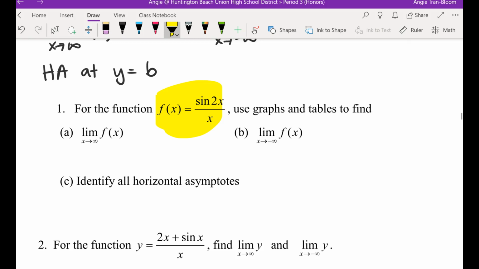Y equals, y equals. Clear that out. Okay. Once you do from -10 to 10, can you hit zoom fit to see if it gives you a nice graph? Is it oscillating? Whoa, what does that look like? Let me see the equation. Okay, is it oscillating? Yeah. Perfect. Looking good.